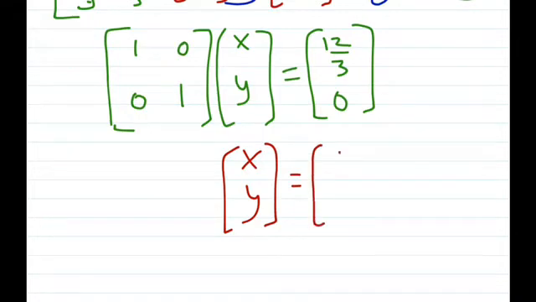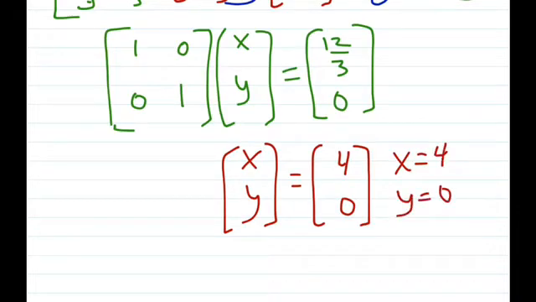And then we can simplify 12/3 to be 4, and what this means is x is equal to 4 and y is equal to 0. So on your notes, where it says what you have left is your answer, we translate that into the ordered pair (4, 0), and that's how you use inverses of matrices to solve systems.